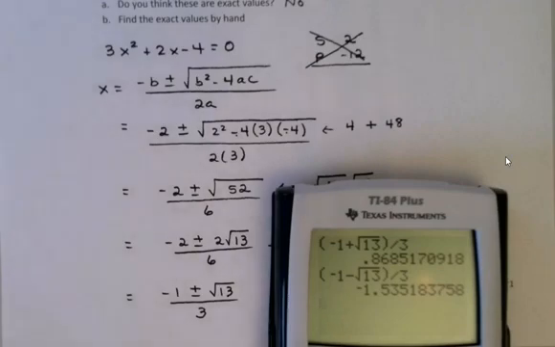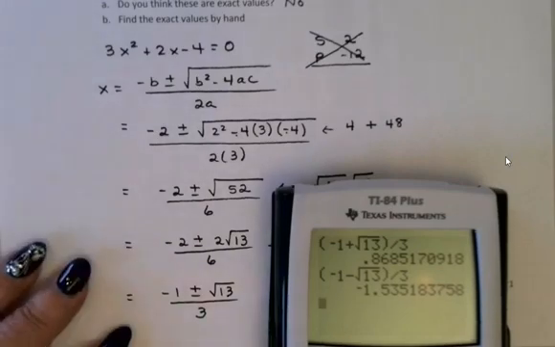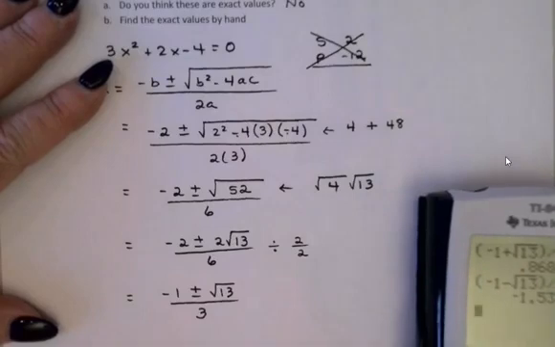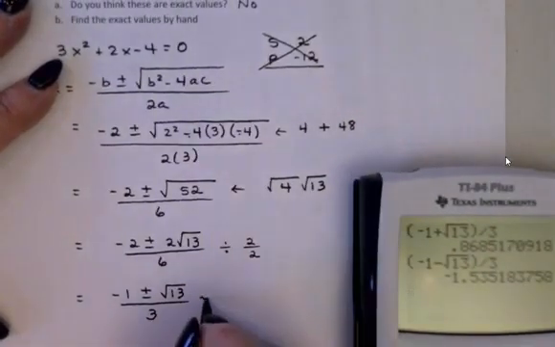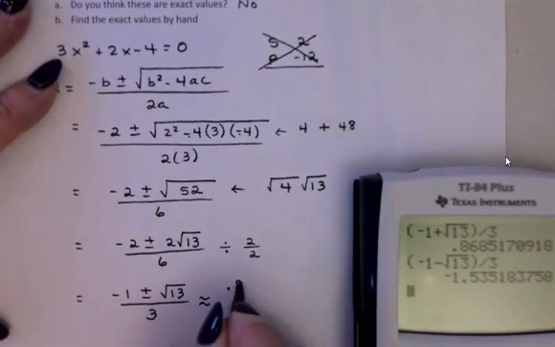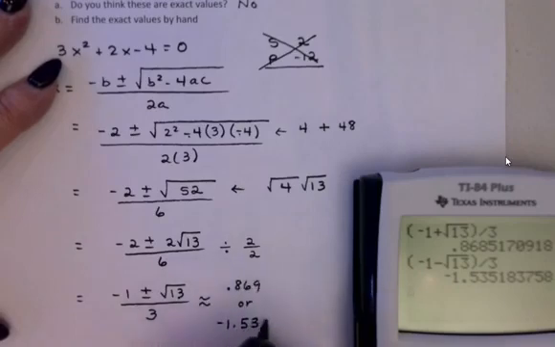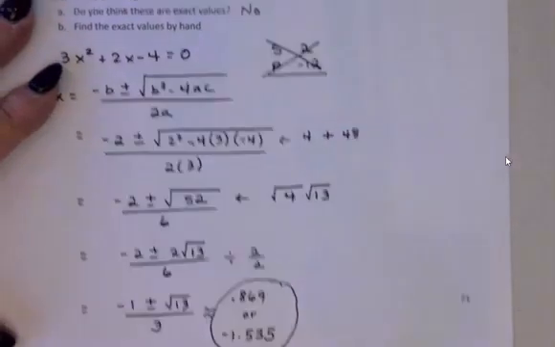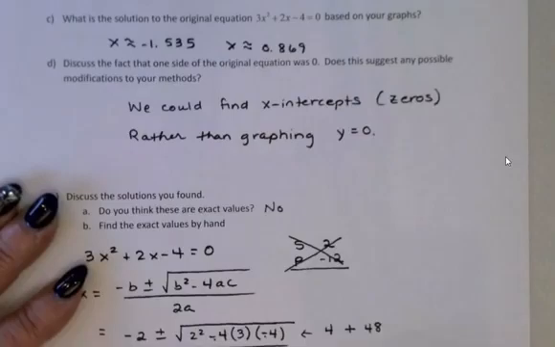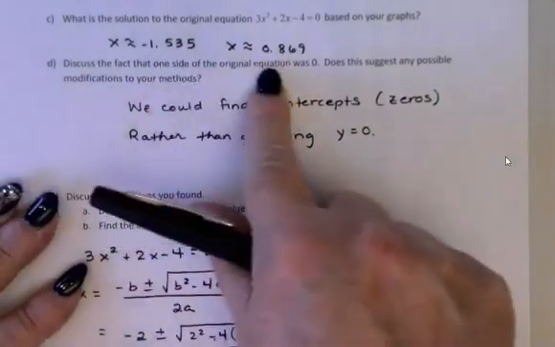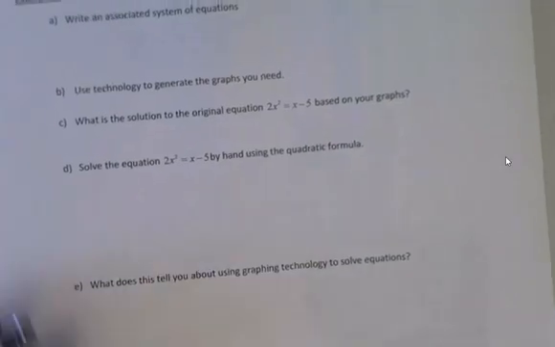And those, you'll notice, are exactly the same values that we had from the graph. Let me just jot them down here. And again, if you go back up and compare, that's what I found on the graph as well. So decimal approximations, not exact values, are what we're always going to get from a technology or graphical solution method.